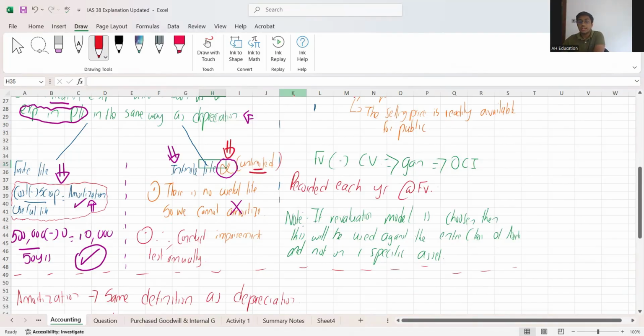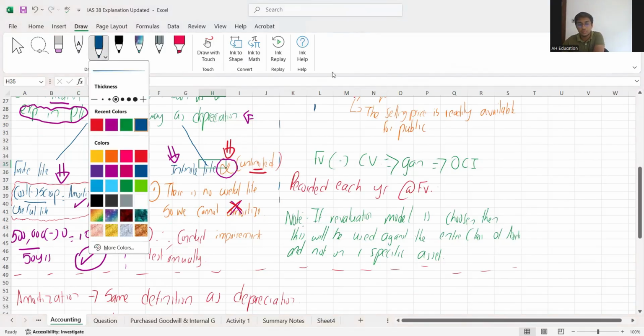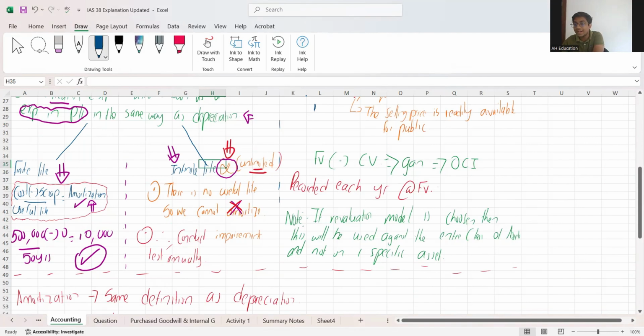So if I cannot identify my useful life, then obviously I cannot calculate amortization. Why? Because to calculate amortization, I need to identify my useful life, right? So I cannot amortize. Then what do you think I need to do in terms of infinite assets?